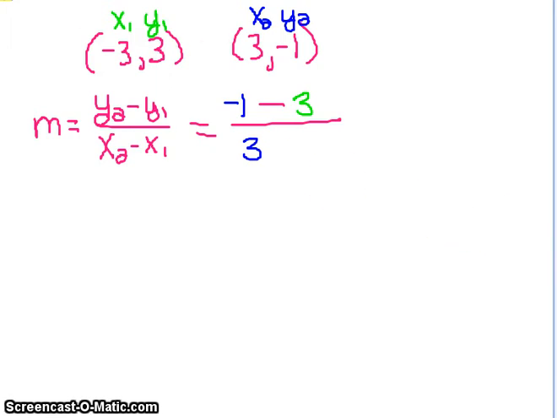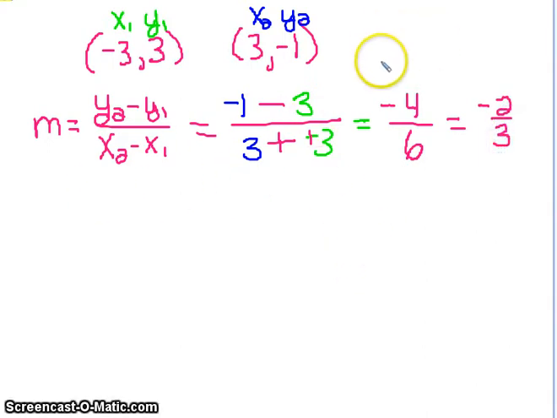I'm sure someone noticed. I'm going to subtract, and then I'm going to use my green to represent my -3. So that is actually going to give me a slope of -4 over 3 minus -3. That adds, and so we're going to get 6. So my slope simplifies to -2/3.